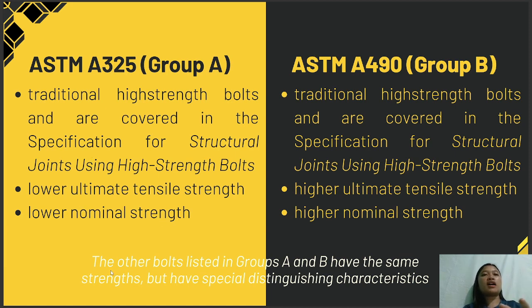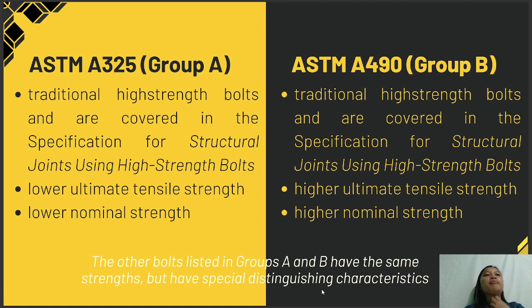The other bolts listed in Groups A and B have the same strength but have special distinguishing characteristics. So, for example, instead of referring to an ASTM A325 bolt, we will call it a Group A bolt.